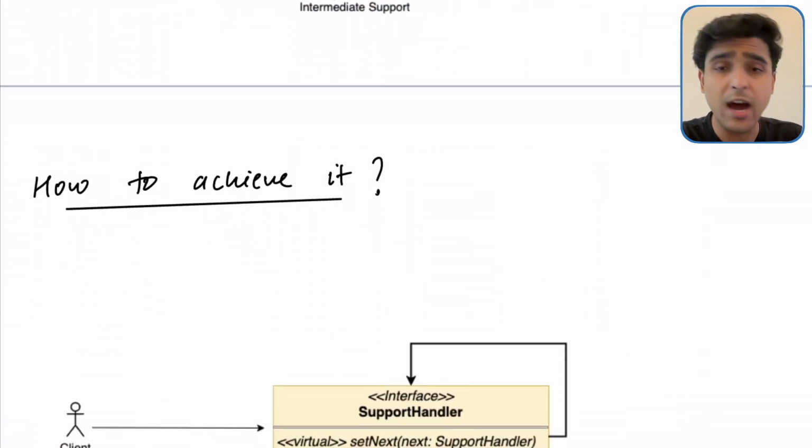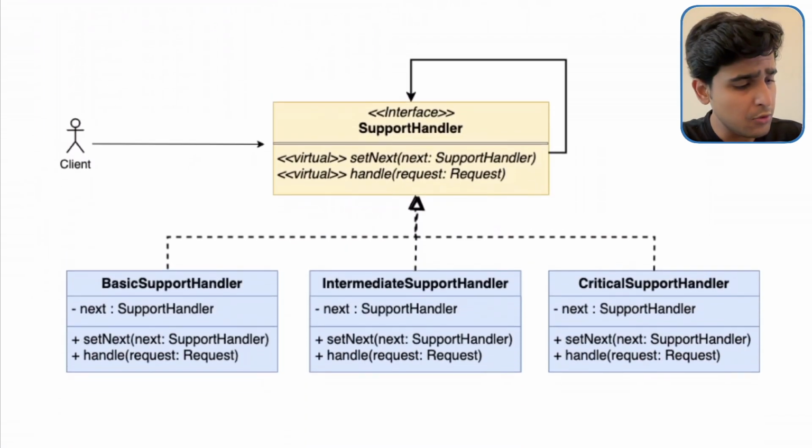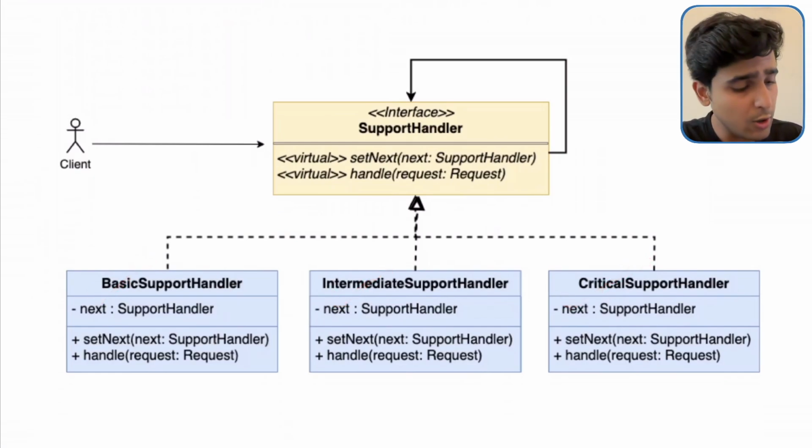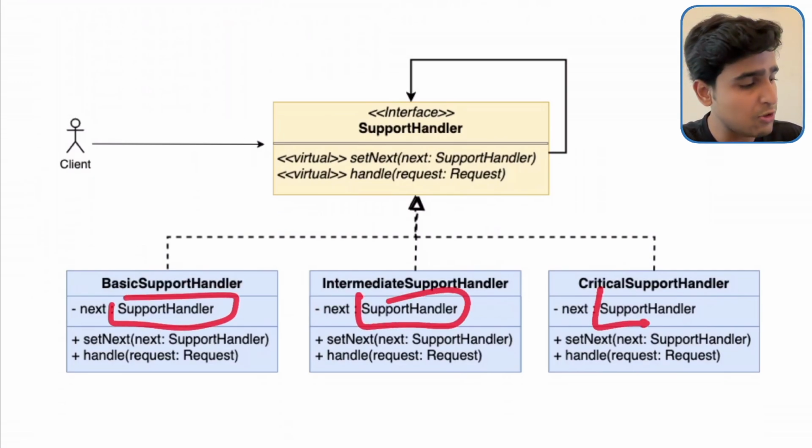Now let's see how to achieve it. As we mentioned, each support service has its own object, so each has its own class. So we have basic support handler class, intermediate support, and critical support. Now all of them have an object named next, and it stores the reference to the next handler. Now to store the reference of the next handler, we need a common interface, which is the support handler.